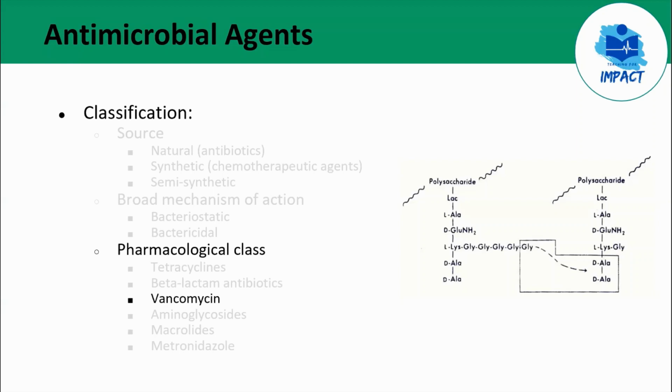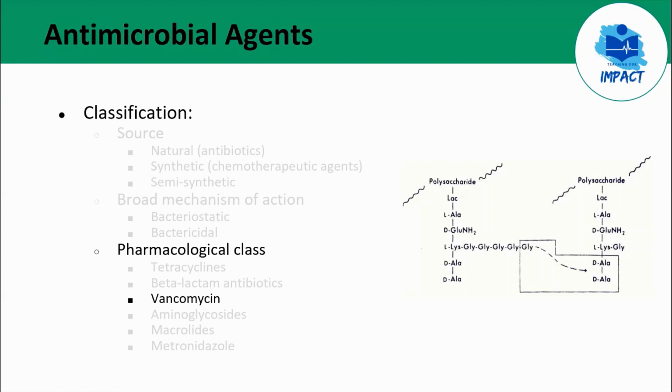Another way that MRSA can develop resistance against vancomycin is by producing extra peptidoglycan, which acts as a sink to soak up the vancomycin, so that there is enough D-Ala for peptidoglycan synthesis to continue, resulting in the development of vancomycin intermediate resistant Staphylococcus aureus, or VISA.